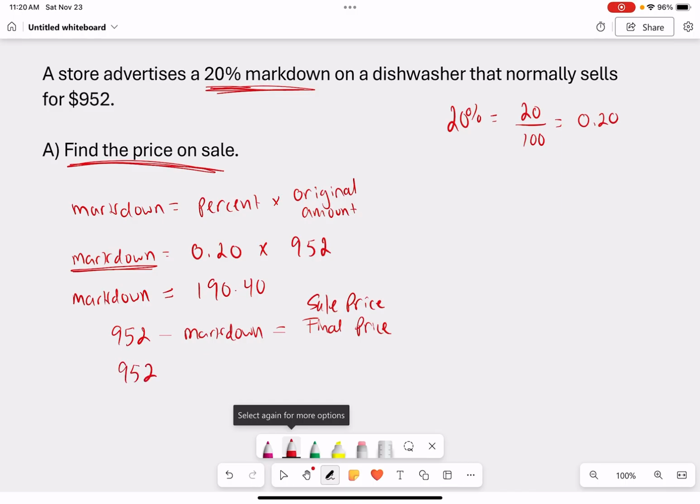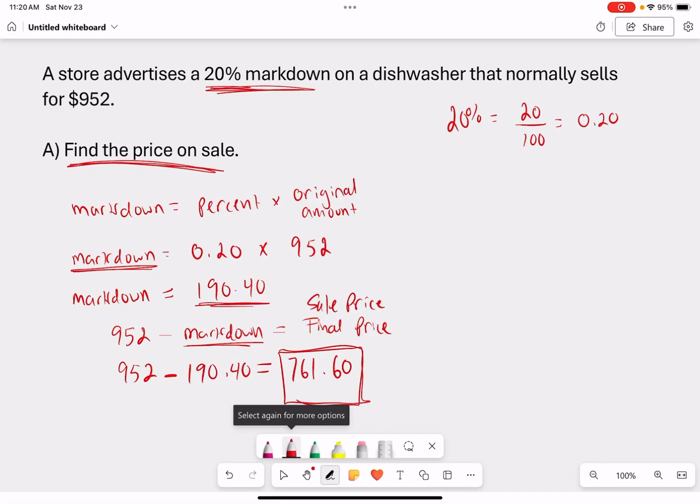The markdown was $190.40. Minus $190.40. And we'll get our calculator and say 952 minus $190.40 is going to equal $761.60. And this, ladies and gentlemen, is your final price.